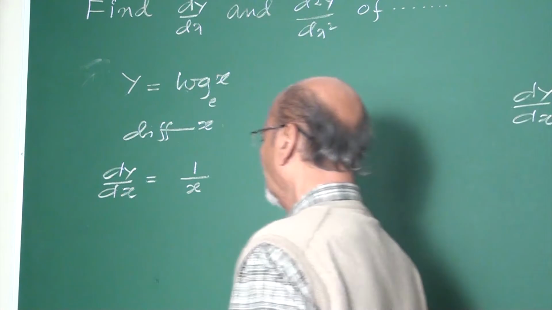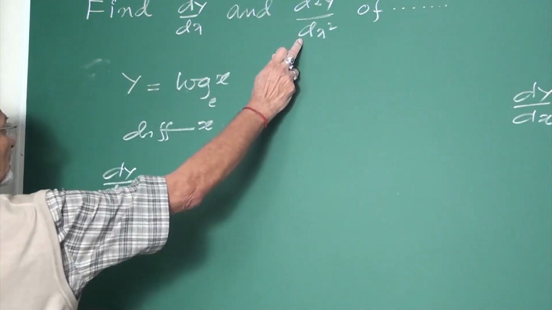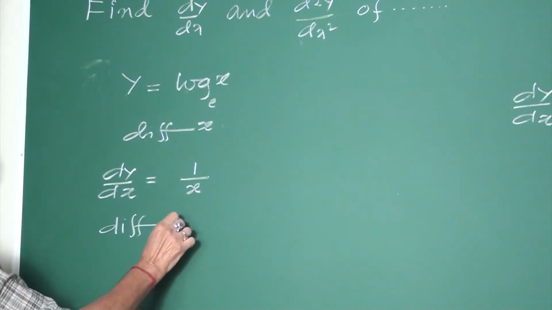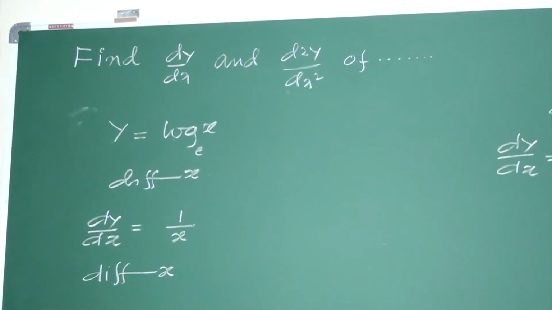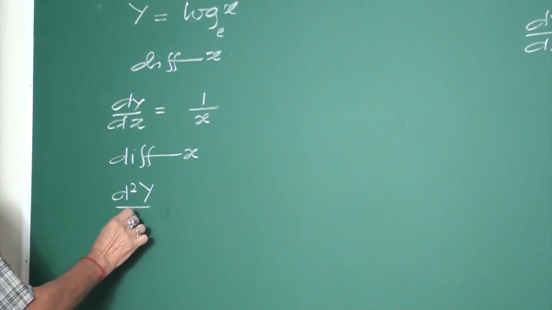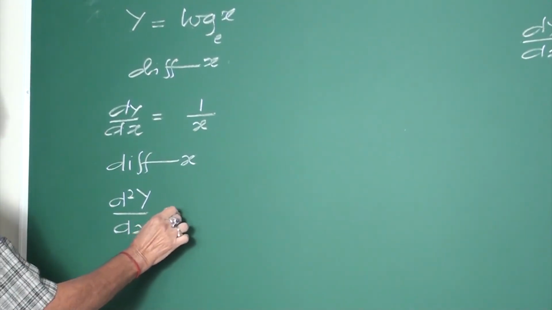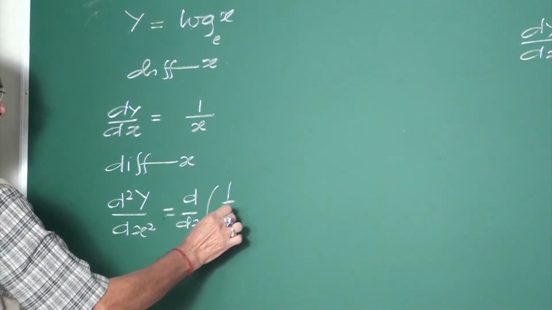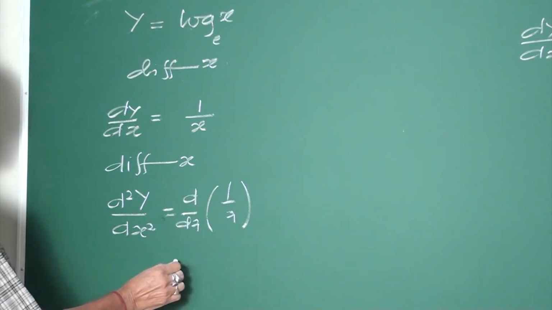Differentiate again with respect to x, the derivative of the first derivative. I told the symbol, you can write d2y by dx2 equal to d by dx of 1 by x. Which formula?